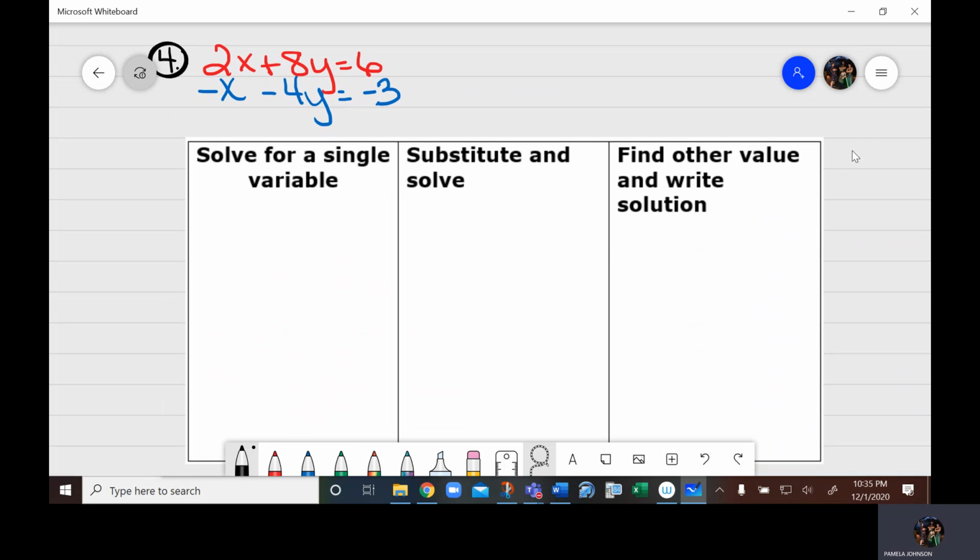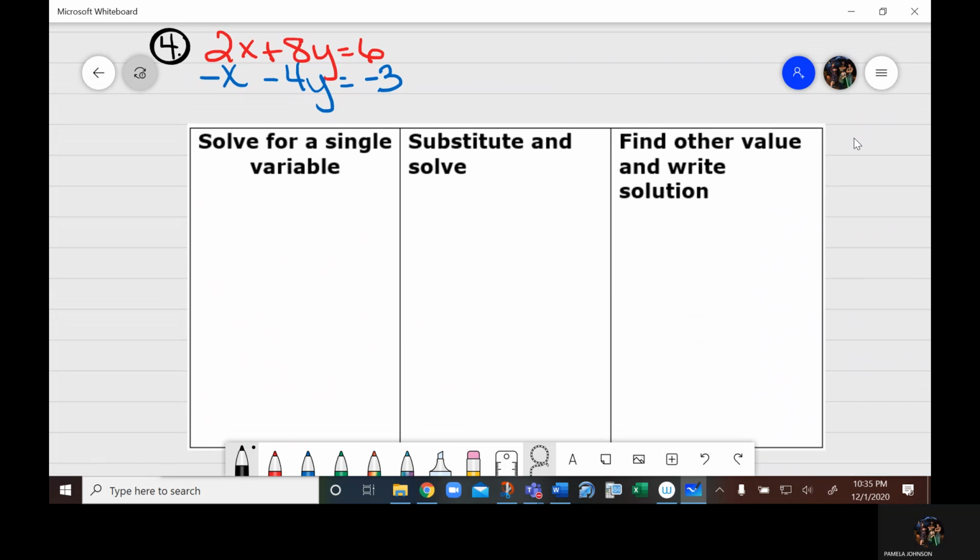And our last example is we have 2x plus 8y equals 6 and negative x minus 4y equals negative 3. Once again, we just need to figure out which equation is going to be the easiest one to rearrange to get one of the variables by itself. If we did the red equation, we have 2x.